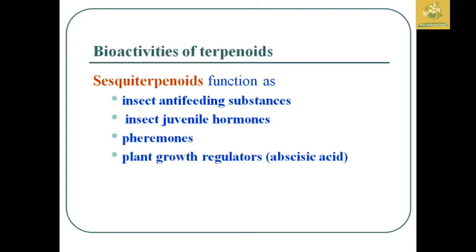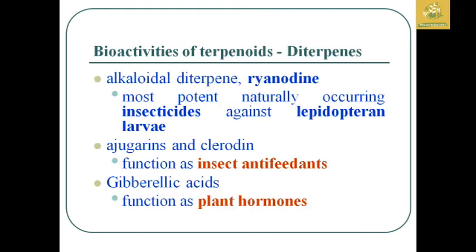So the sesquiterpenoids, which are one of the components of terpenoids, act as insect antifeedant substances as well as insect juvenile hormones and pheromones, and they also include a plant growth regulator, which is abscisic acid.